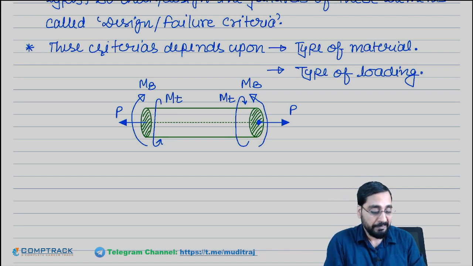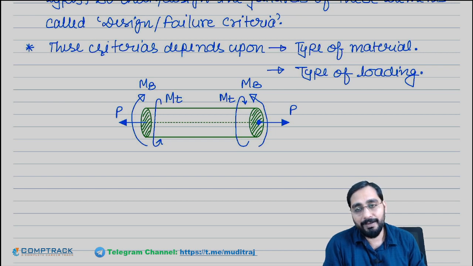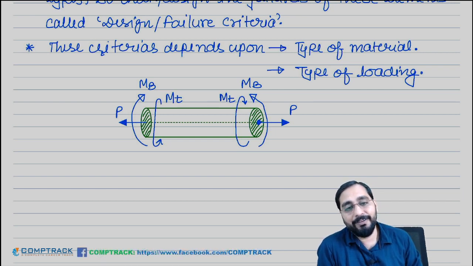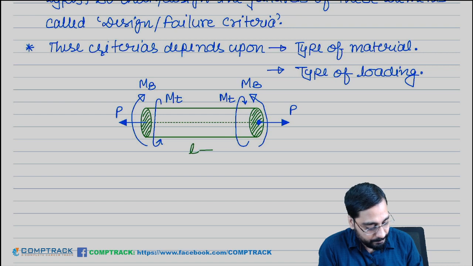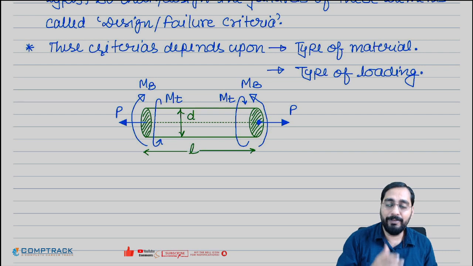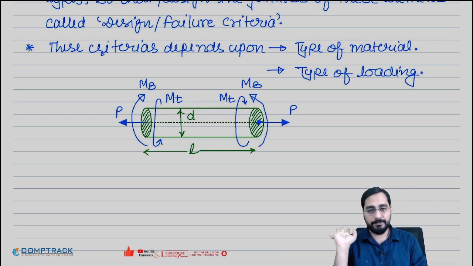Now, whatever element or link or bar we are considering, there can be different types of loading on it. Now, the dimensions, you have to decide what should be the length and what should be the diameter. So loading will be known to you first.